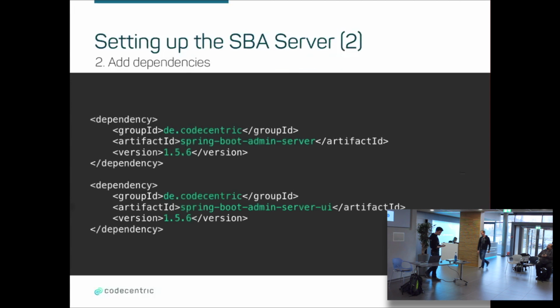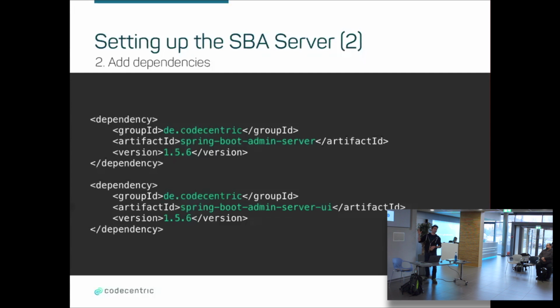For Spring Boot admin server, you need to add 2 dependencies to your POM. One is the server itself, which contains the controllers, services, REST endpoints, and so on. And the second one is the UI itself. It's just a bunch of statics, JavaScript files, and CSS, and so on. It's an Angular 1.x single-page application.